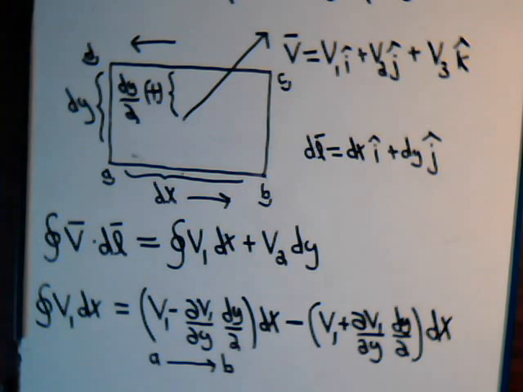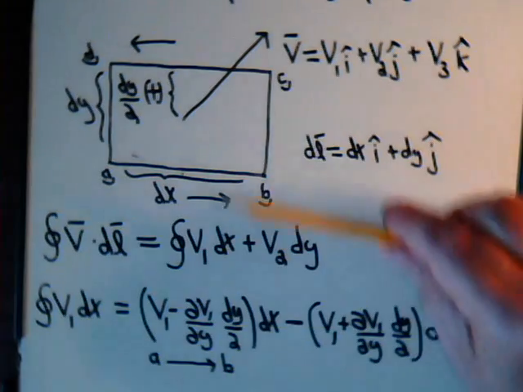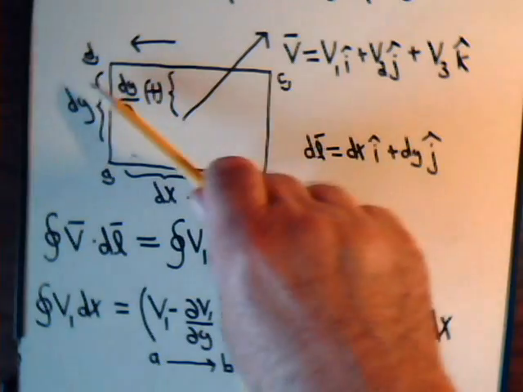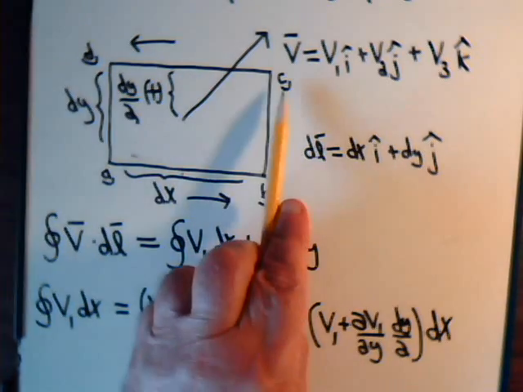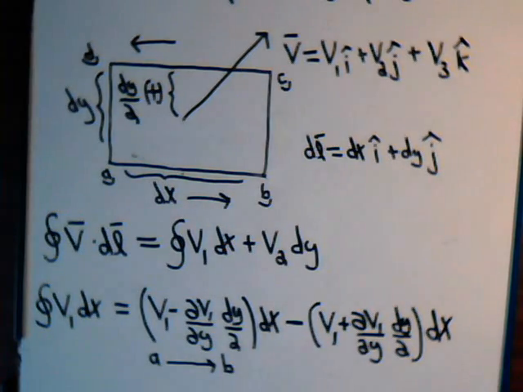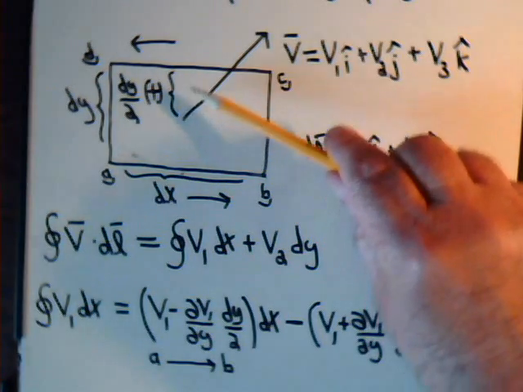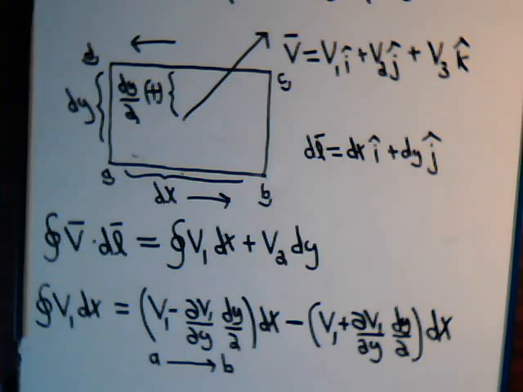So again, when we move the vector v up to this differential path, CD, first we're going in this direction now, so here's a minus sign. But V1 has a value here. When we move it up to here, the new value for V1 is going to be what it was originally. This is positive, so it's plus the amount of change, and the amount of change is the partial of V1 with respect to y.